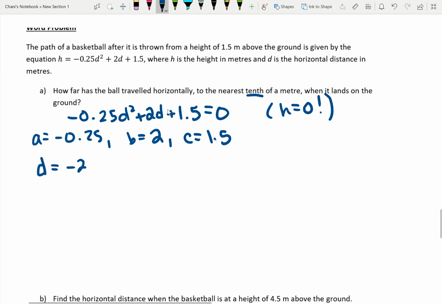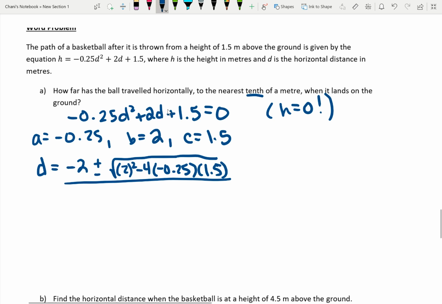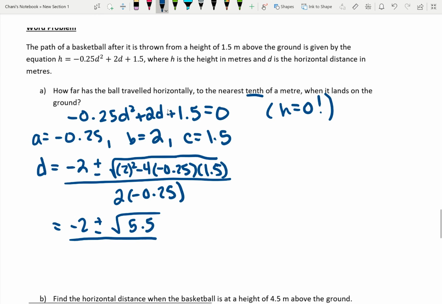So negative b, so negative 2, plus or minus the square root of b squared, 2 squared, minus 4 times a, negative 0.25, times c, 1.5, all over 2a, 2 times negative 0.25. Okay, so again, you should do what's under the square root first. Negative 2 plus or minus square root of 5.5, all divided by negative 0.5.